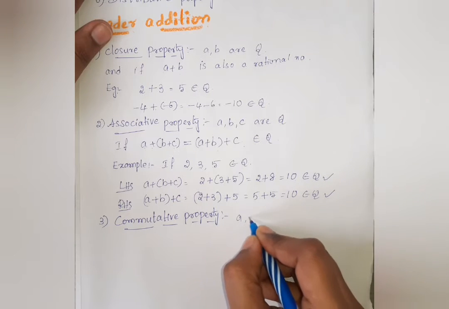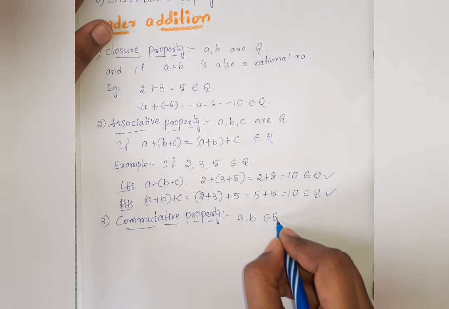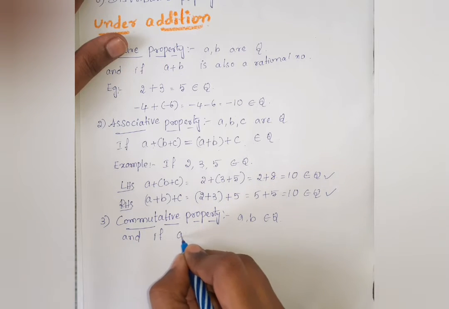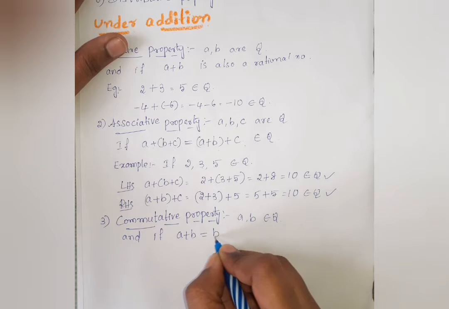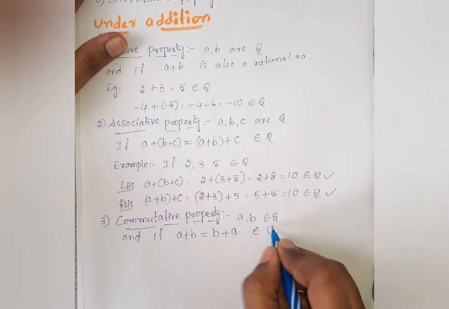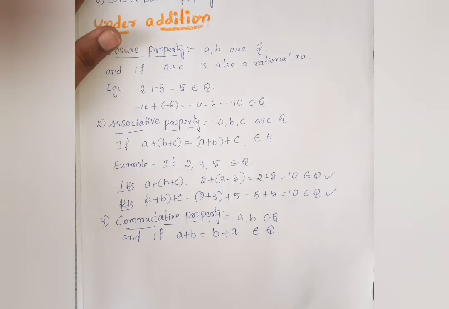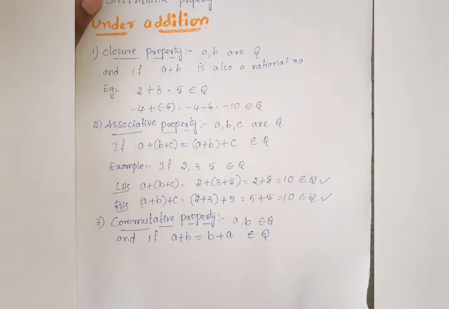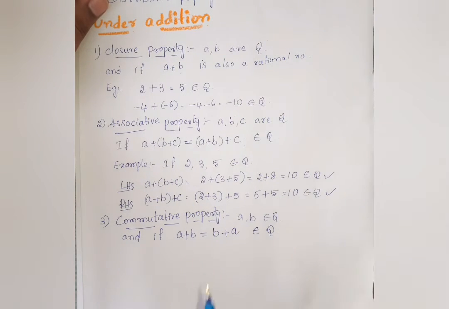If any a, b belong to the rational numbers, and a plus b is equal to b plus a, which also belongs to the rational numbers, then we say that the set of rational numbers is commutative under addition. Here we are doing addition only, so that you remember. Now I am explaining these properties only under addition. After that I will explain subtraction.